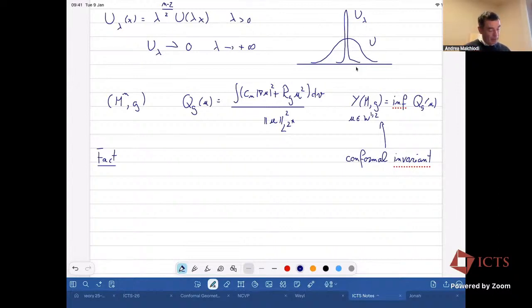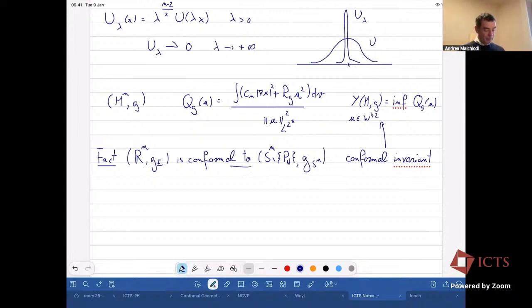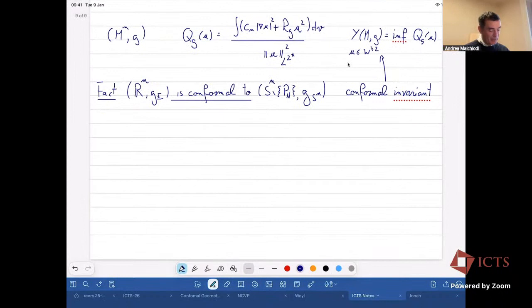But the fact is that R^n, with the Euclidean metric, is conformal to the sphere minus the north pole, which I denote by P_n, with the round metric g_{S^n}. Okay, so this can be proved using the stereographic projection.